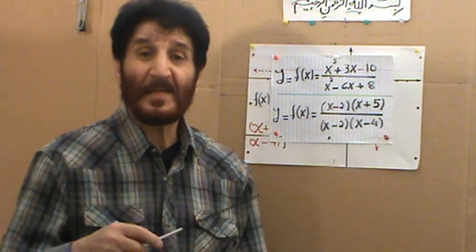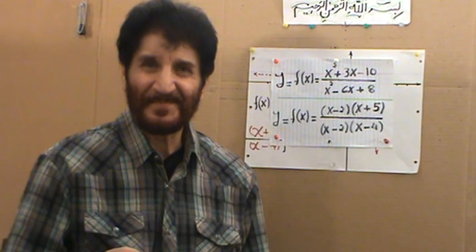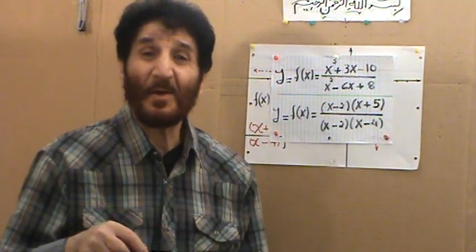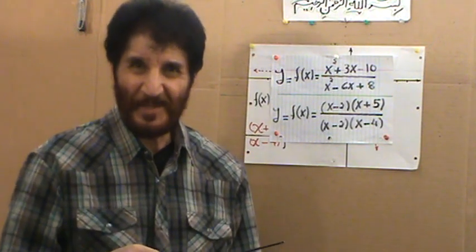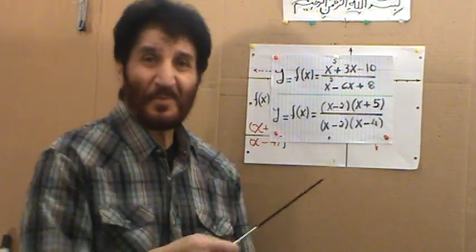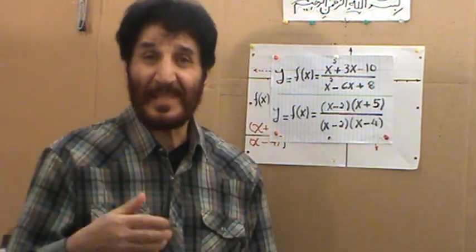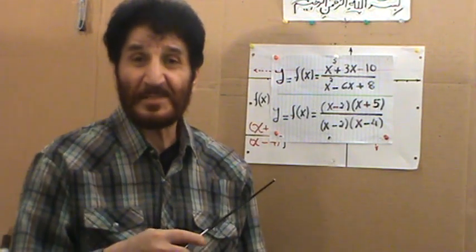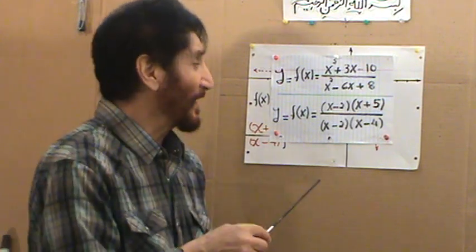At 2, the function did have a limit value, whereas at 4, the function did not have a limit value. You follow me? So we approached 2 from both sides, from the left side and from the right side. The left side I left as homework for you to do. I went from the right side, and we noticed how the function was behaving.